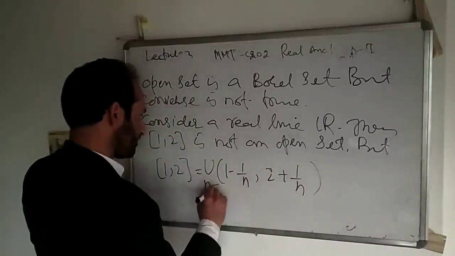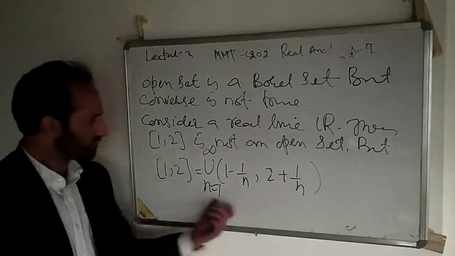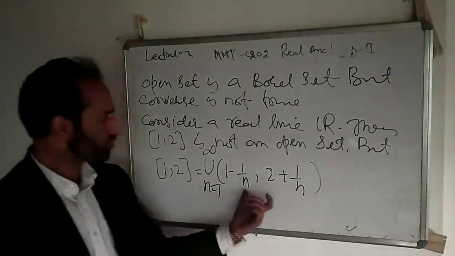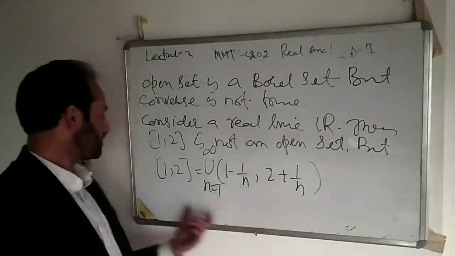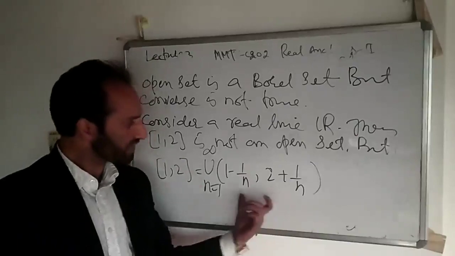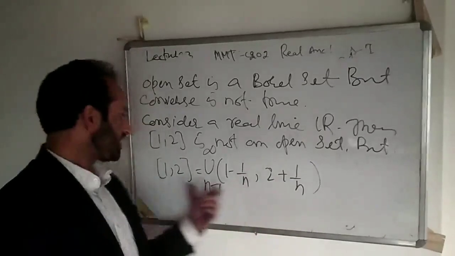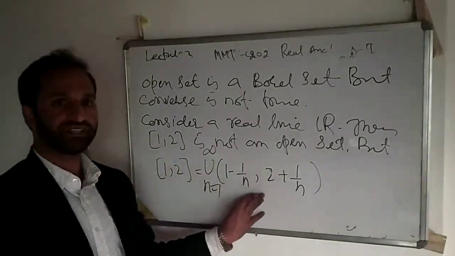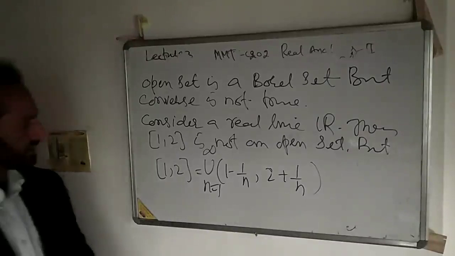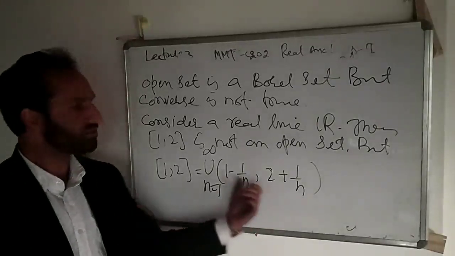So it's a countable union of open intervals, and we know that every open interval is an open set, so it is a countable union of open sets. And also we know that every open set is a Borel set, so it is a countable union of Borel sets, but the class of Borel sets is a sigma algebra. Therefore this is a Borel set because it is a countable union of Borel sets.